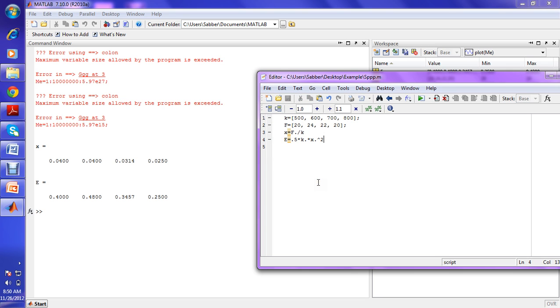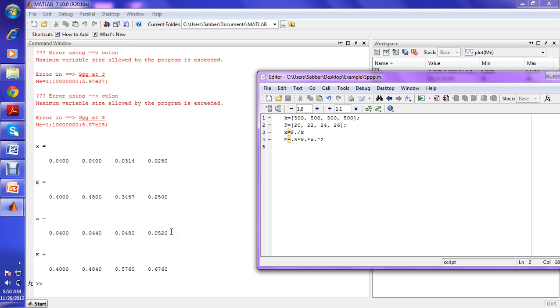We can also evaluate the same spring, the same material, with different forces. Let's see what happens: 20, say for example 22, 24 and 26. You see the results here.